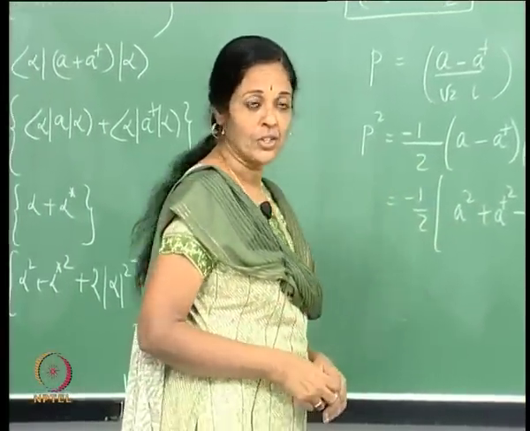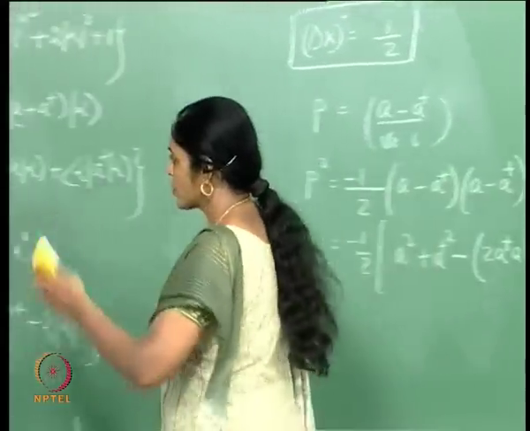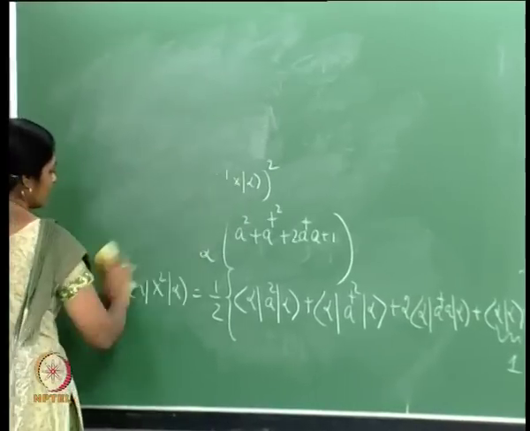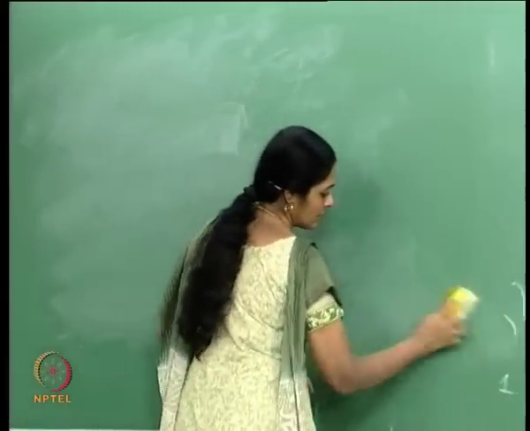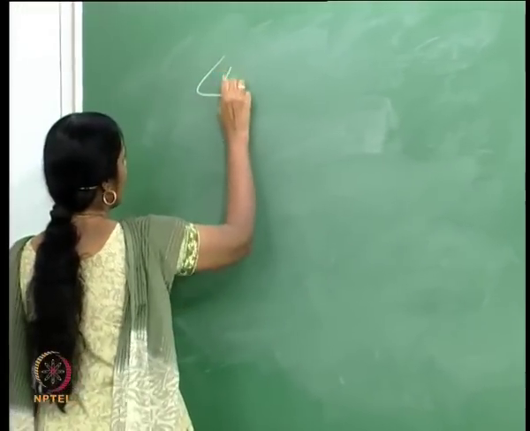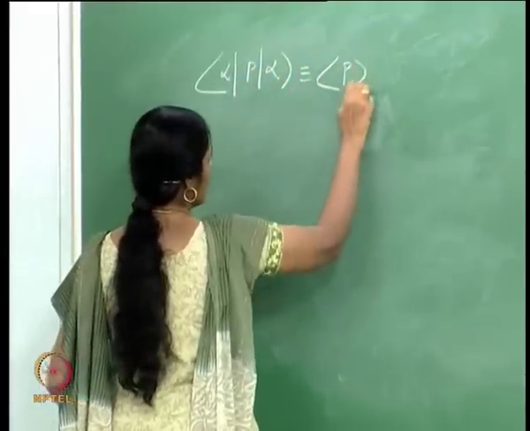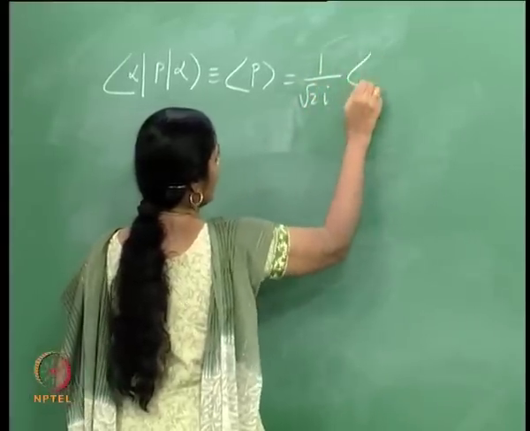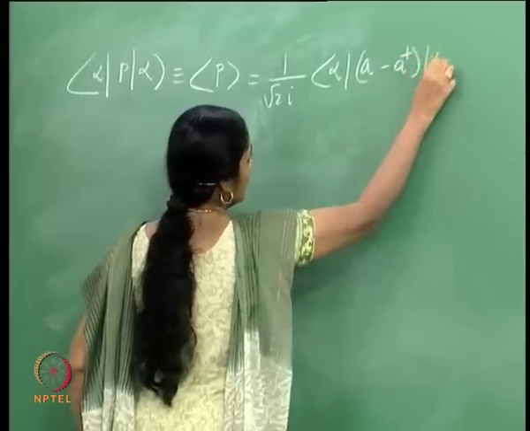Need to find the expectation value of P and square it, which is what I will do now. The expectation value of P in the state alpha, my notation is this, is 1 by root 2i, alpha, A minus A dagger, alpha.